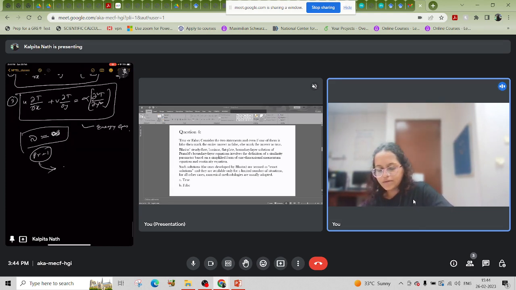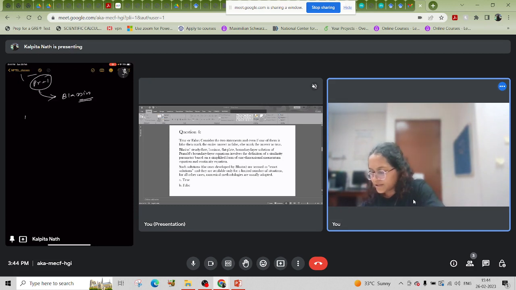This equation was solved by Blasius. And Blasius solved it to find the following equations that we already studied. Laminar: delta by x is equal to 4.98 by root over Reynolds number.